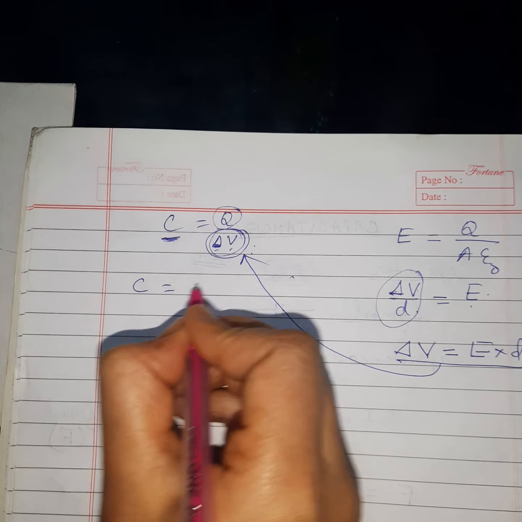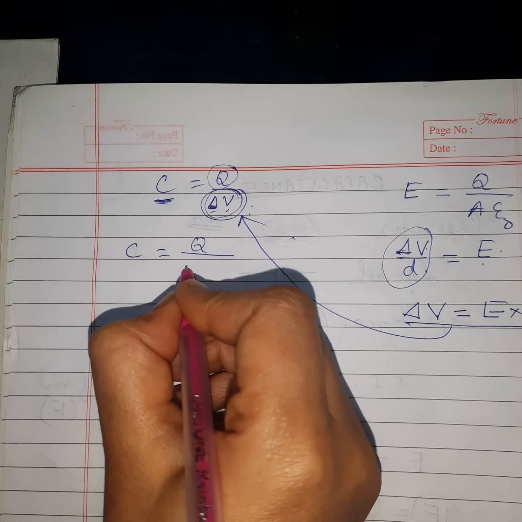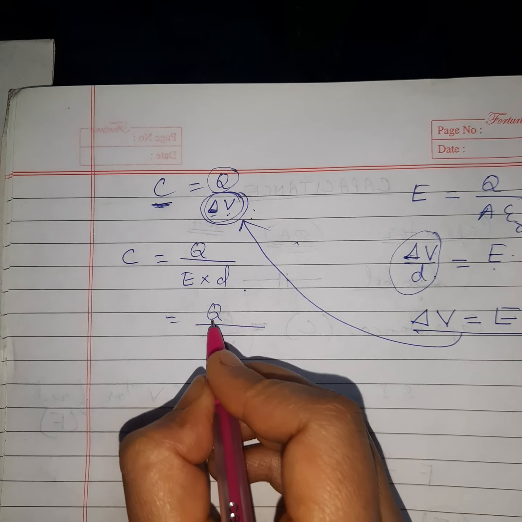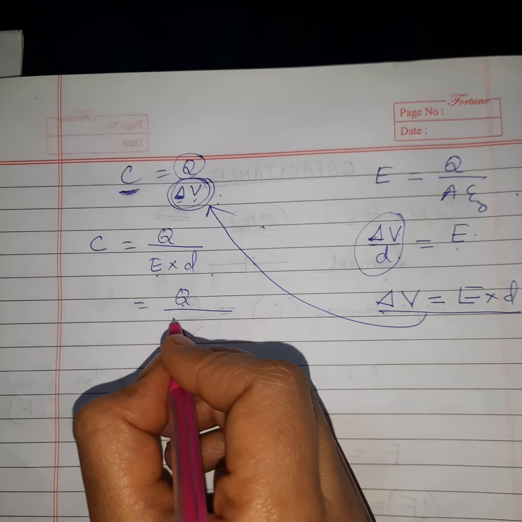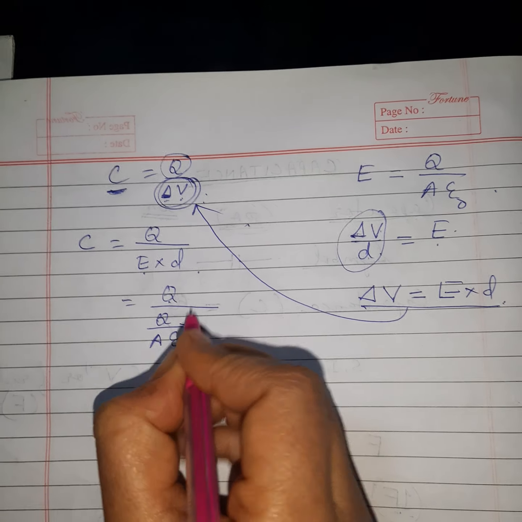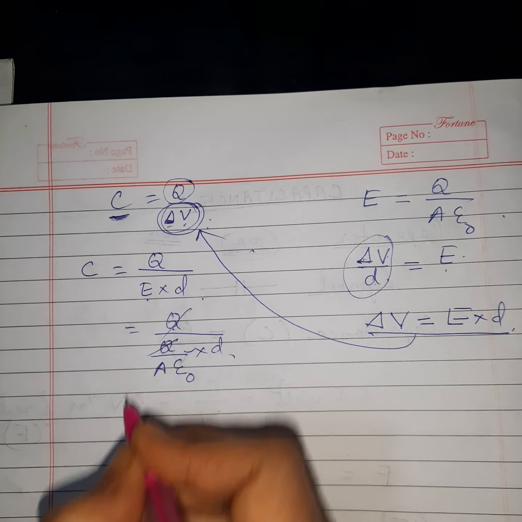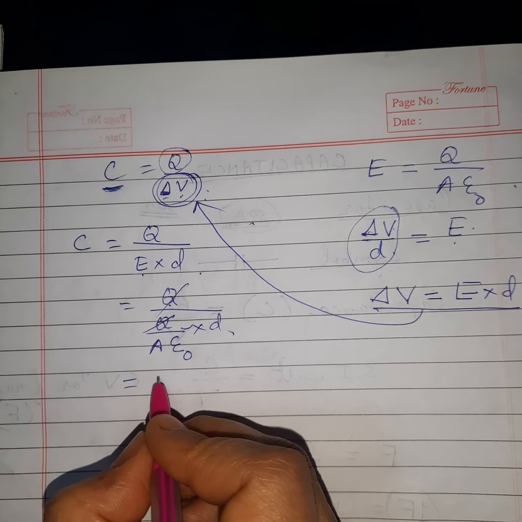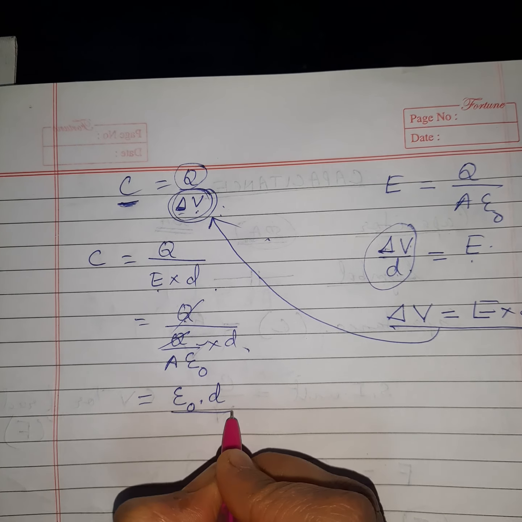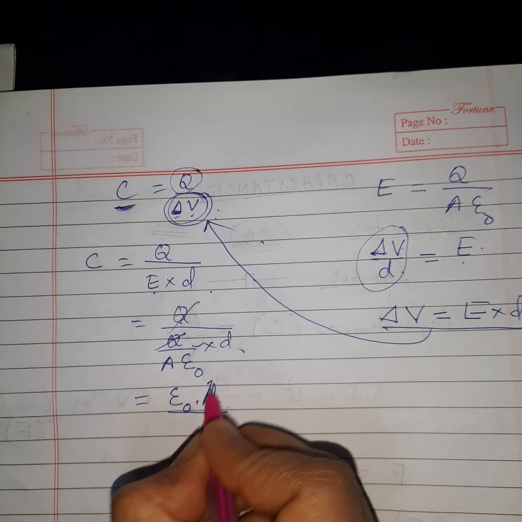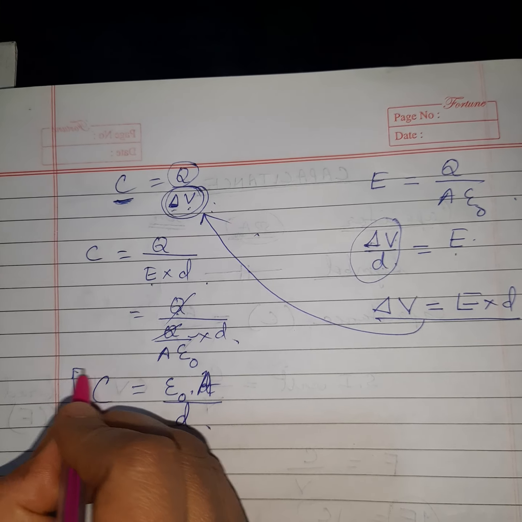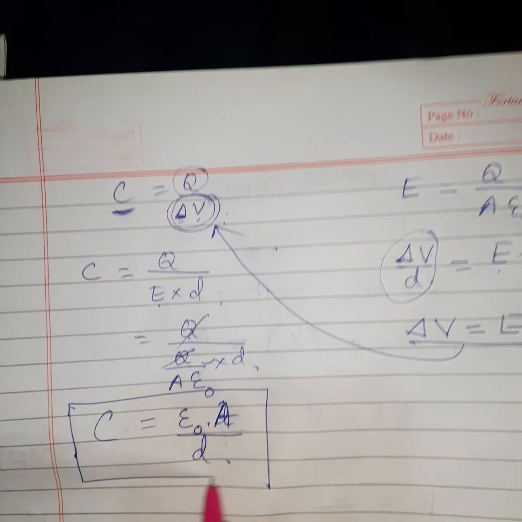So we are going to replace this delta V here. C will be equal to Q by delta V, which can be written as Q divided by E multiplied by d. Furthermore, E can be written as Q by A epsilon naught, and we have d. Just simplify the terms here, and you will end up with the expression C equals epsilon naught A divided by d. This is the expression for the capacitance of a capacitor.